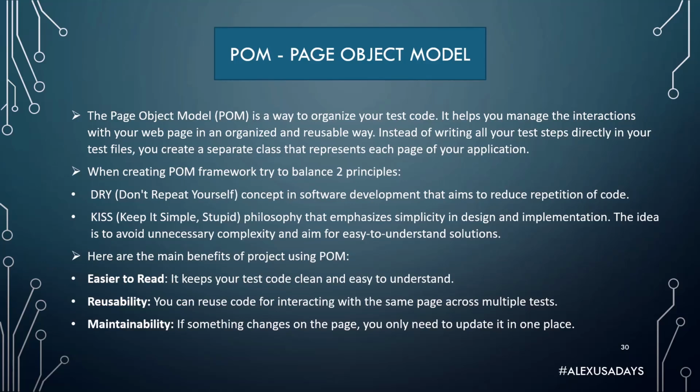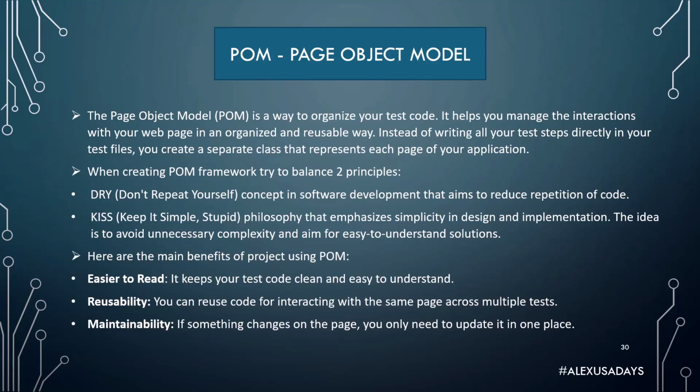When creating a POM framework, try to balance two principles. DRY, don't repeat yourself, a concept in software development that aims to reduce repetition of code, and KISS, keep it simple, stupid, a philosophy that emphasizes simplicity in design and implementation. The idea is to avoid unnecessary complexity and aim for easy to understand solutions.